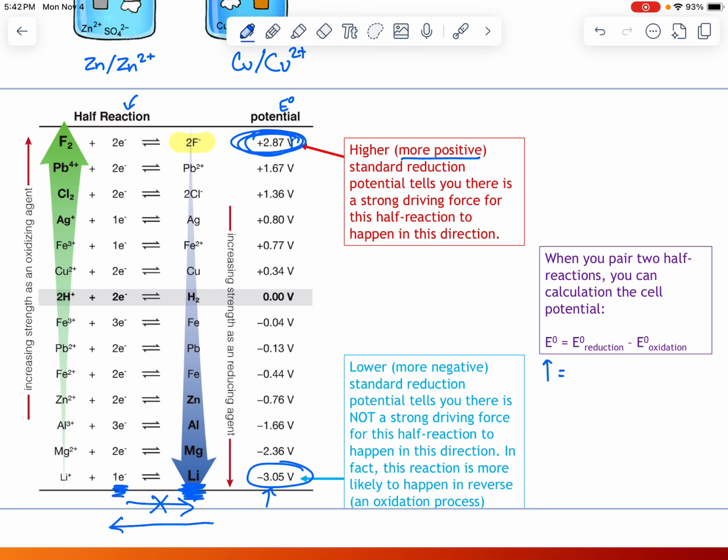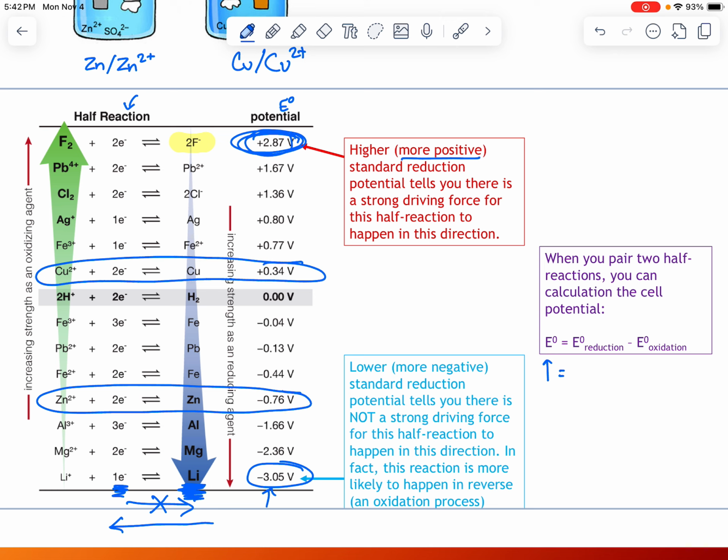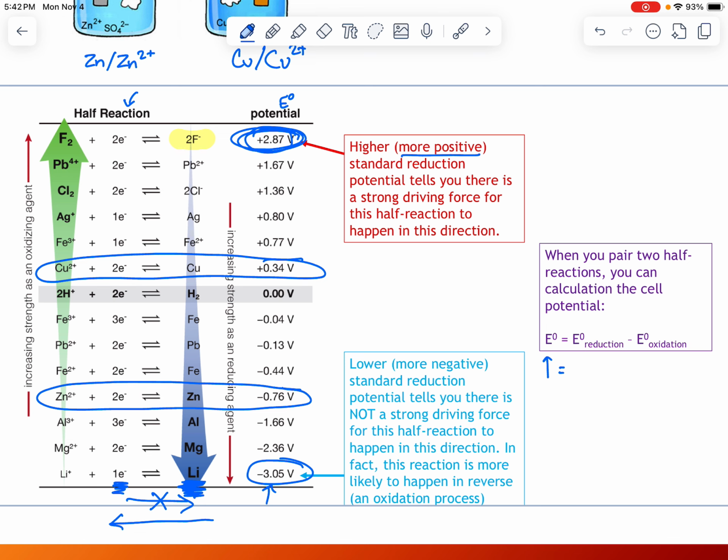Okay, so for example, for our zinc-copper one we were looking at, zinc was giving up electrons. It was being oxidized. It goes over here. So minus negative 0.76. The copper was being reduced. It goes here. And I get 1.1 volts. It's a positive value. That told us it was galvanic, which meant spontaneous.